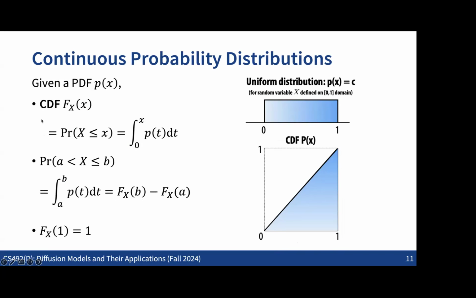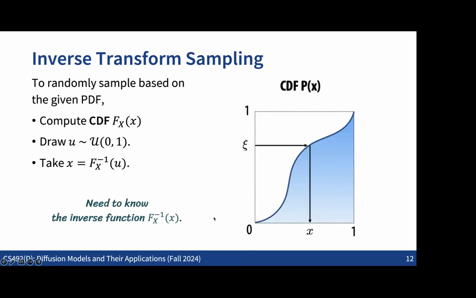So we first get the cumulative distribution function by taking the integral of the PDF, which also starts from 0 and reaches 1 by accumulating all the probabilities. Then, as with the discrete case, once we sample from the range 0 to 1 using the uniform distribution, we can take the inverse.